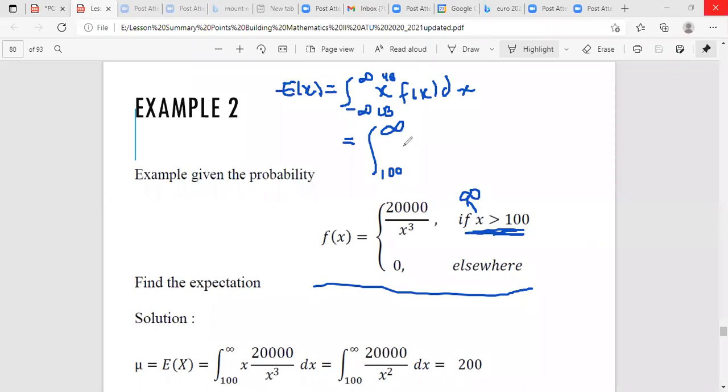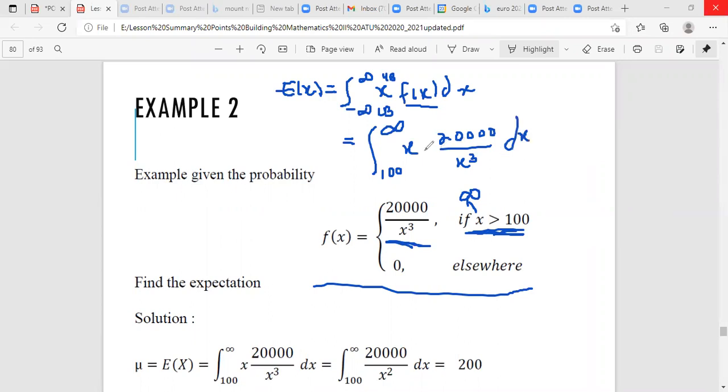Then we bring our x here. We are going to bring the x times f of x. F of x has been defined here to be 20,000 over x cubed, with respect to dx.